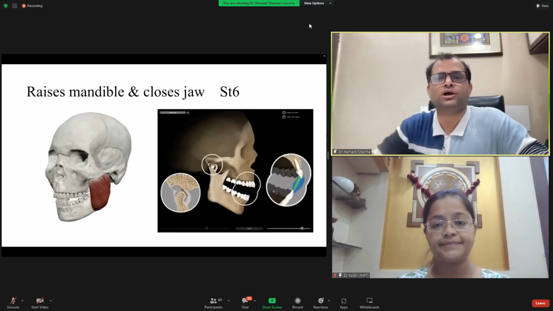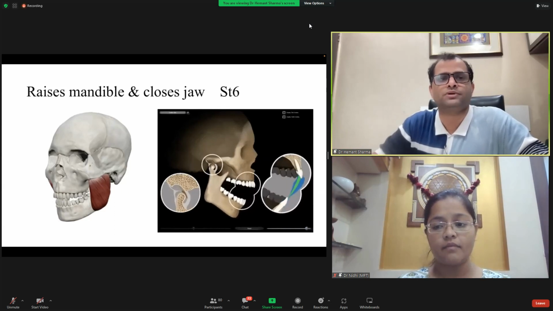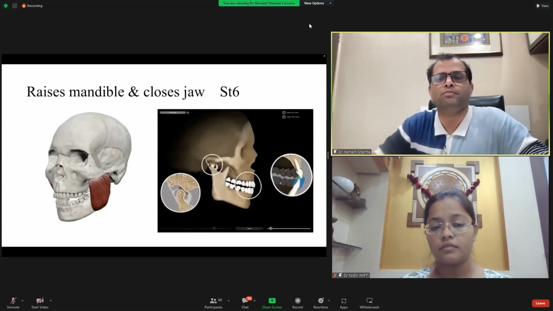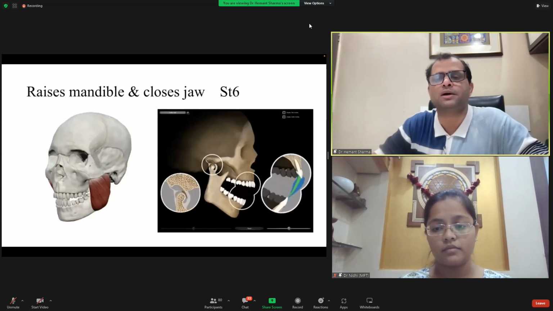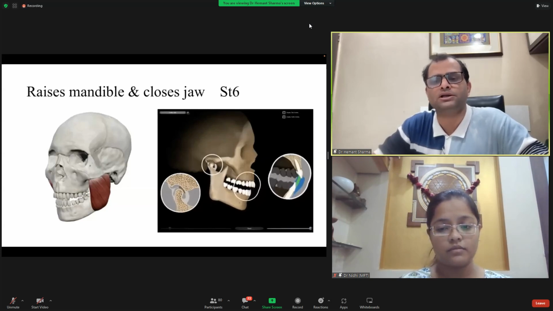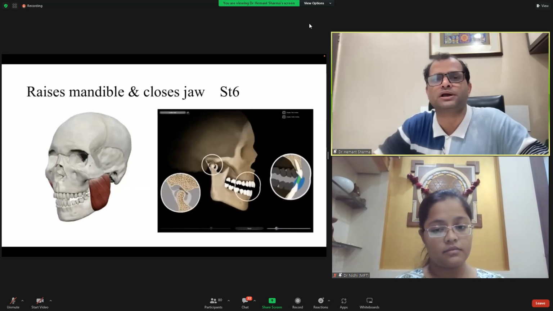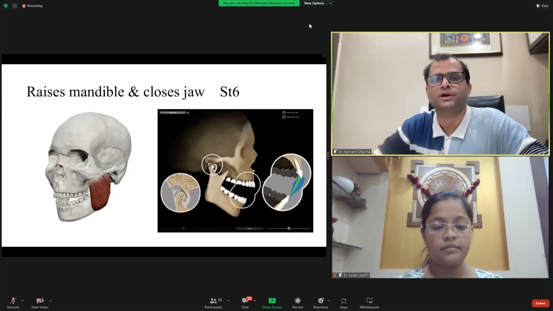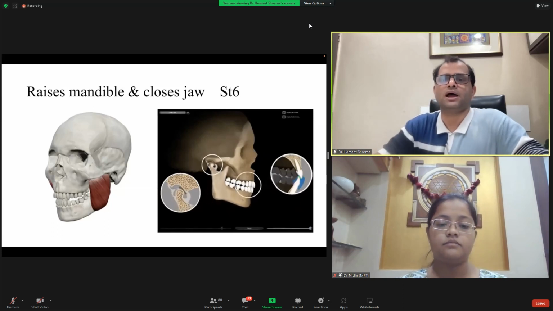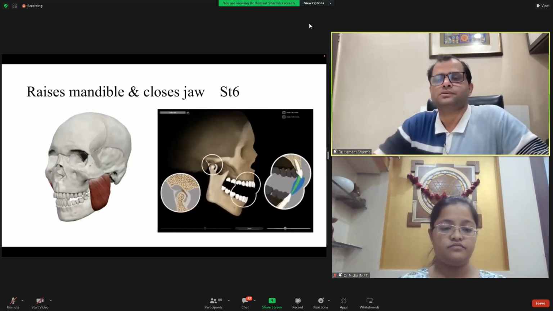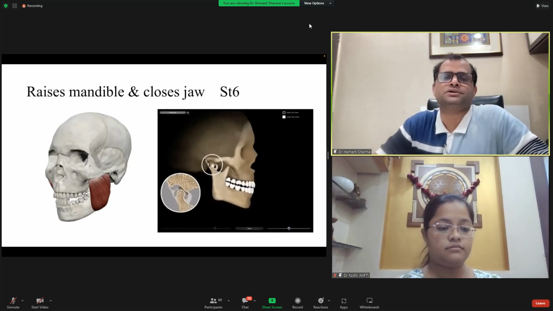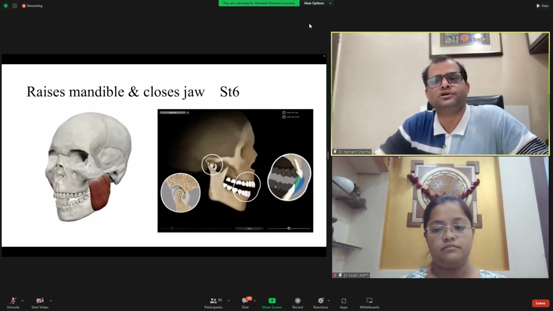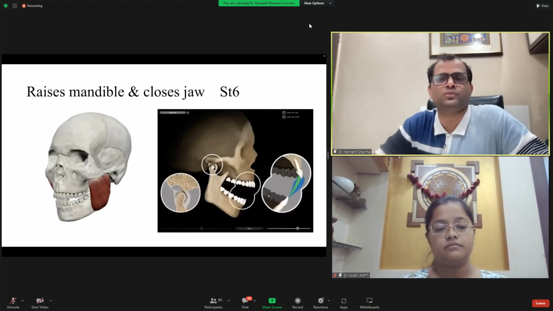So when the jaw is closing, it means the mandible is up. आप देख सकते हैं कि mandible ऊपर आएगा तो जबड़ा बंद होगा, और mandible नीचे जाएगा तो जबड़ा खुलेगा. So when we are raising the mandible, it closes the jaw, right? But sometimes what is happening? This movement is getting disturbed. This movement is hindered. This movement is not possible.